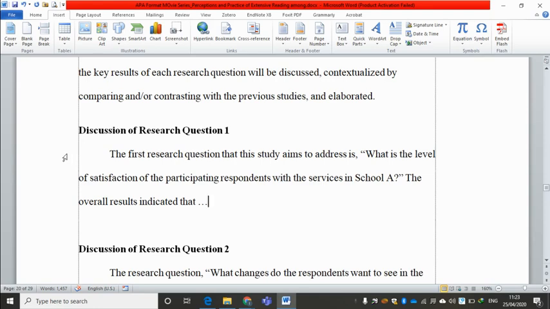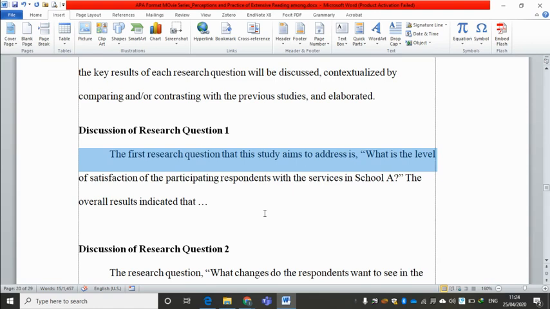So you can see you start with repeating the first research question, because research questions are written down in chapter 1, so it's good to refresh.